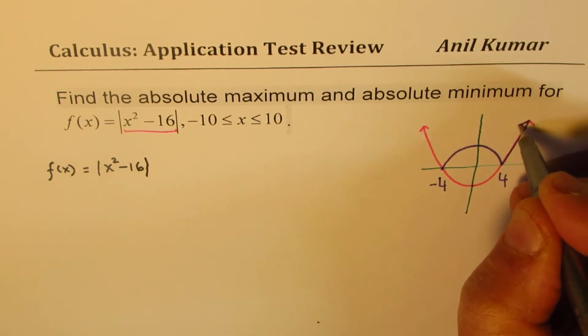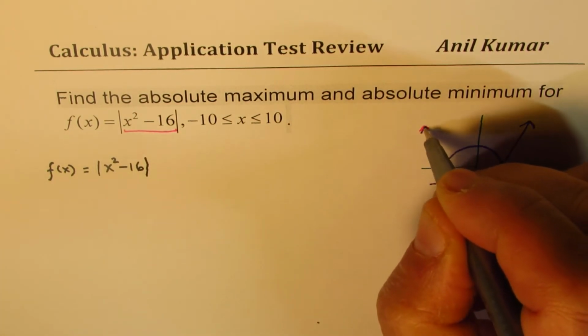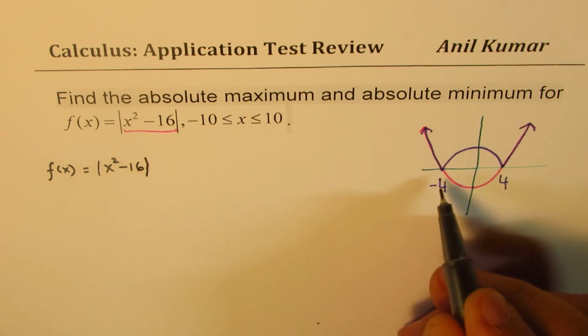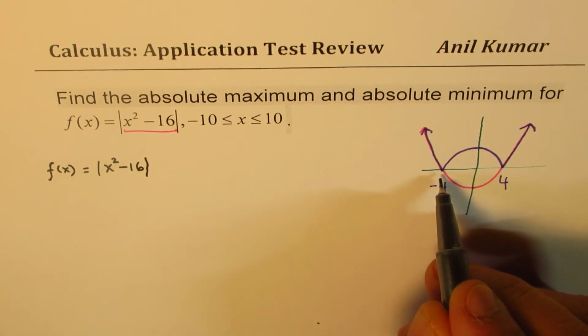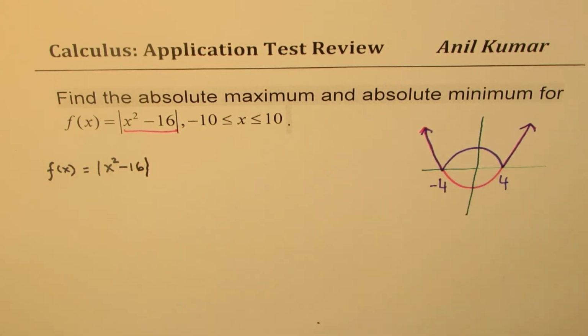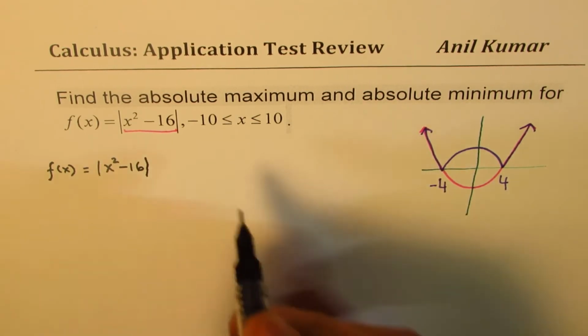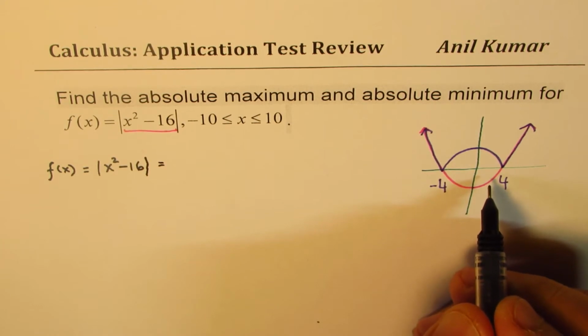Do you realize that part? We now have sharp corners, you can say cusps, at minus 4 and plus 4. So the function is not differentiable at these two points. Perfect. Now these are very important things to understand when you sketch this curve. This curve as such is very important from a test point of view.